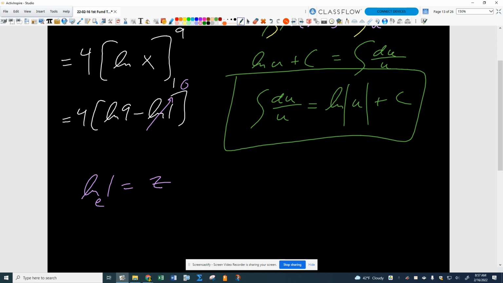Yeah, 2 log 3, right? We get 4 times log 3 squared, which is 4 times 2 log 3. So we just get 8 log 3. Why is that better? It just is. We just like to plug the smallest numbers into log possible.